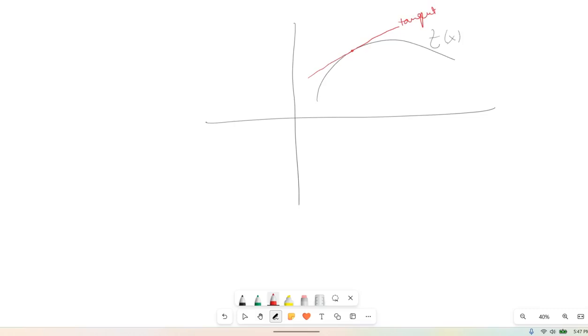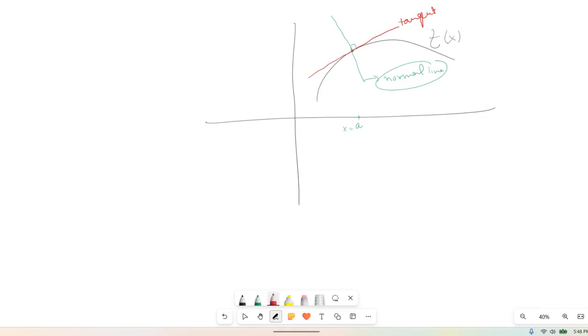It touches the point and passes through it, right? But the line normal means the line perpendicular to the tangent at this point, right? So this green line would be called the normal line at that point, whatever that x value is. Let's say x is equal to a at that point, okay?